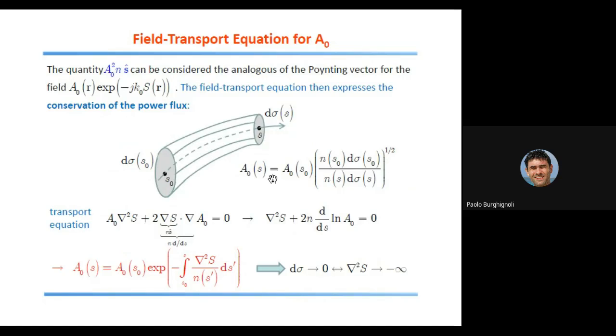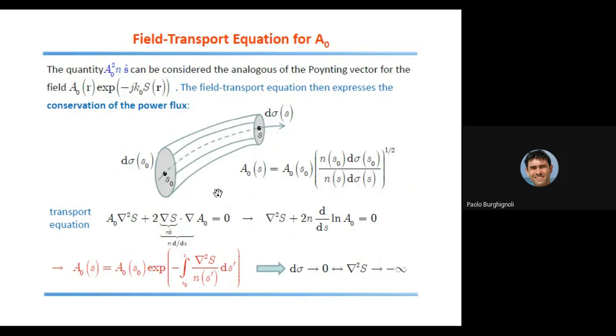Now, we have seen that if the tube shrinks, then the amplitude must increase. So if the area of the cross section goes to 0, the amplitude must go to infinity. And this in turn implies, given this explicit representation of the amplitude, that in this limit the Laplacian of the Iconal must go to minus infinity if we want this exponential to go to plus infinity.